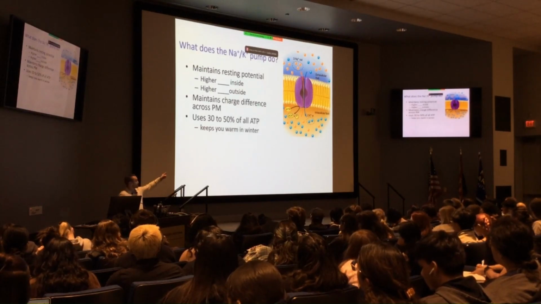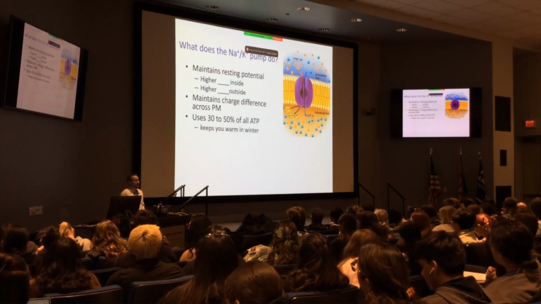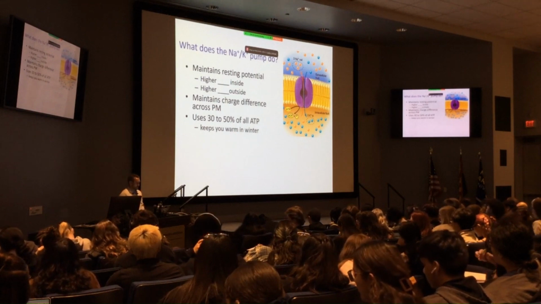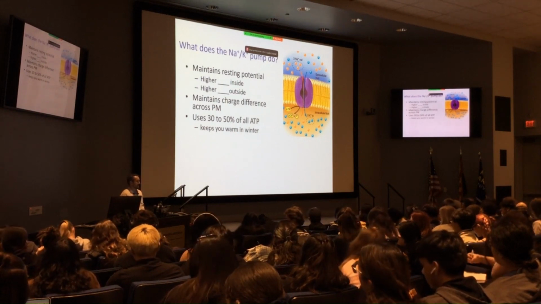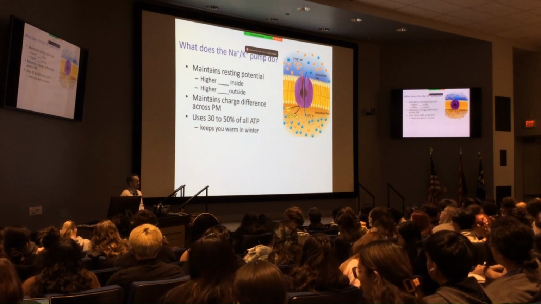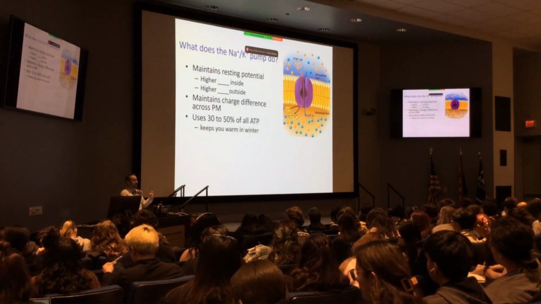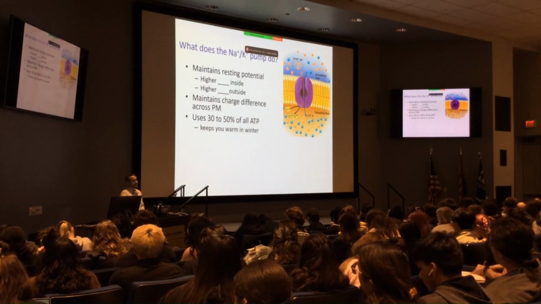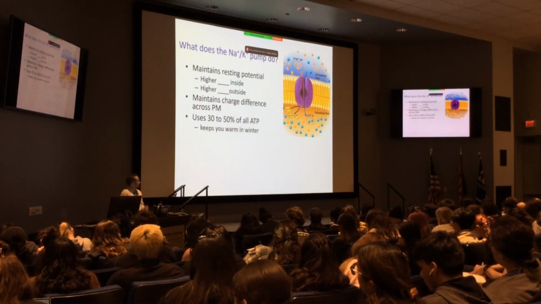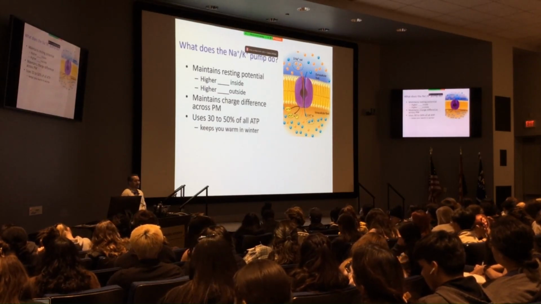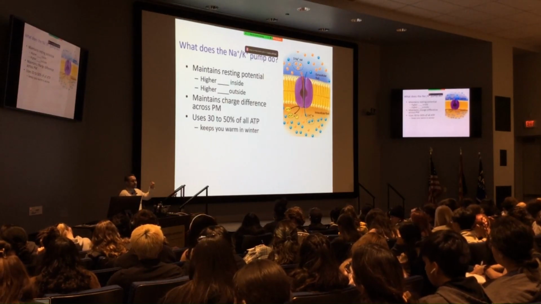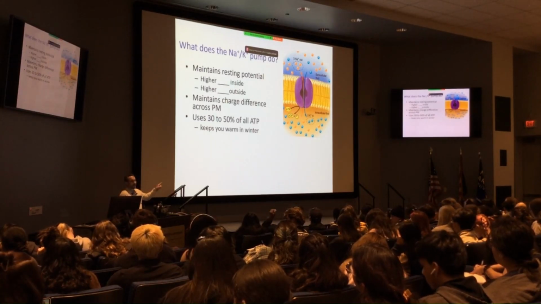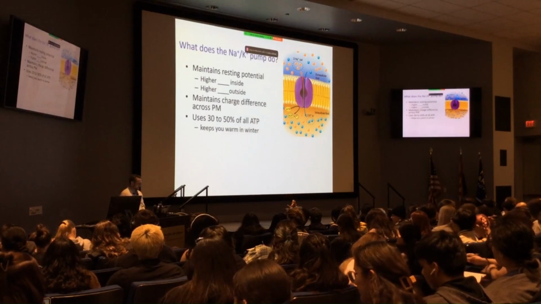This actually helps to establish our basal metabolic rate and generates heat energy during the wintertime for us. And your thyroid gland actually upregulates your sodium-potassium pump insertions in your cells during cold weather. 30 to 50% of all ATP in the body runs these pumps day and night. Pretty important.